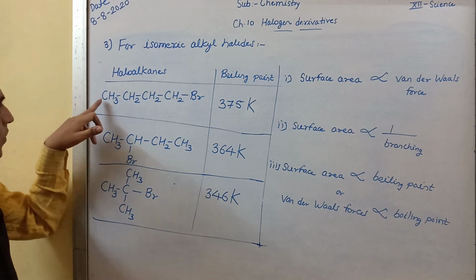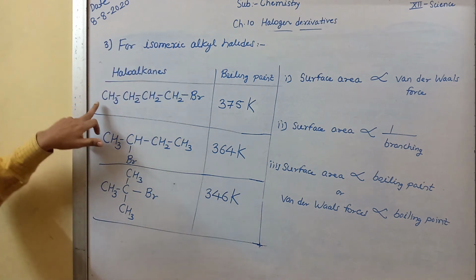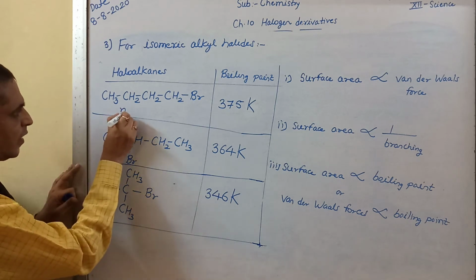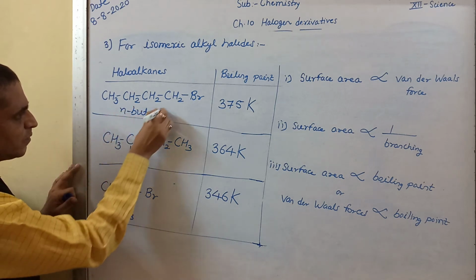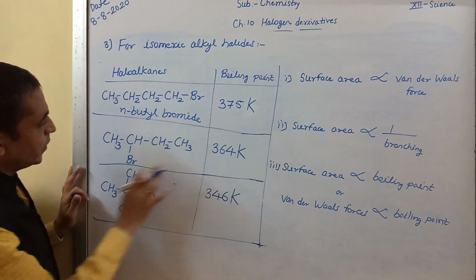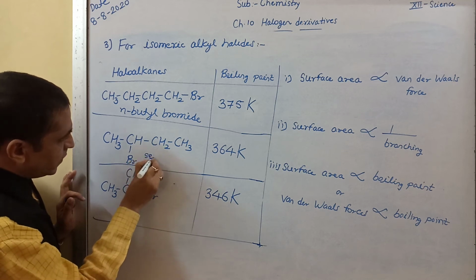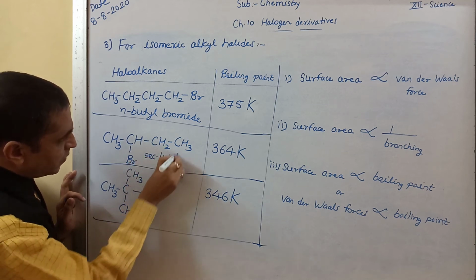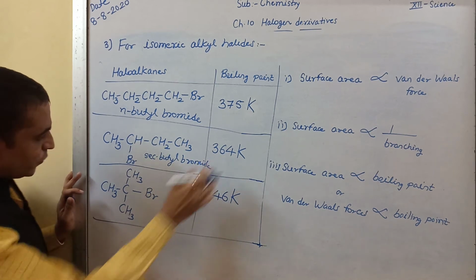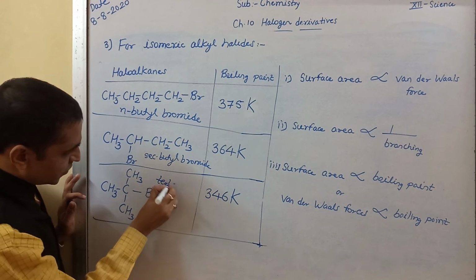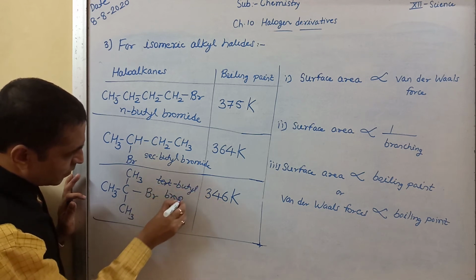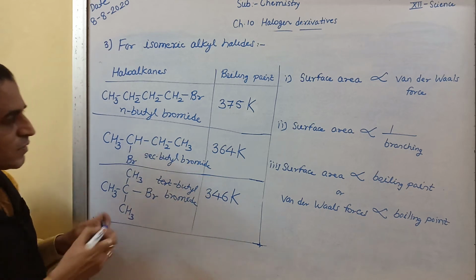Now see, for isomeric alkyl halides: for n-butyl bromide, the boiling point is 375 Kelvin, for secondary butyl bromide, the boiling point is 364 Kelvin, and for tertiary butyl bromide, the boiling point is 346 Kelvin.